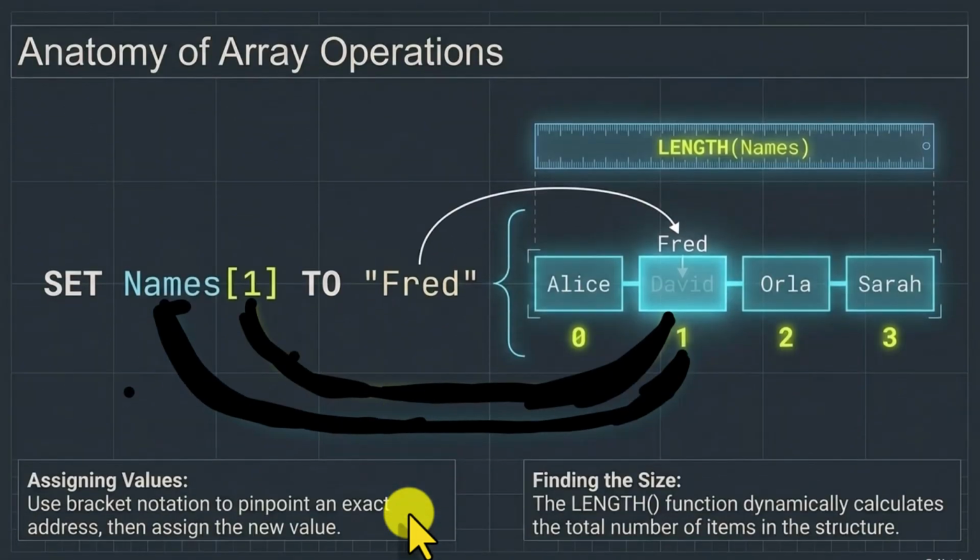Then the anatomy of arrays. For example, set names index 1 to Fred.